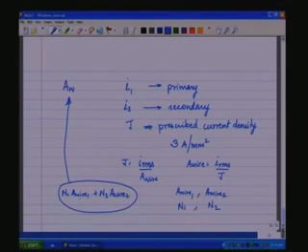Now, A wire is dependent on the RMS value of the currents. So, the current carrying capability is decided by AW.